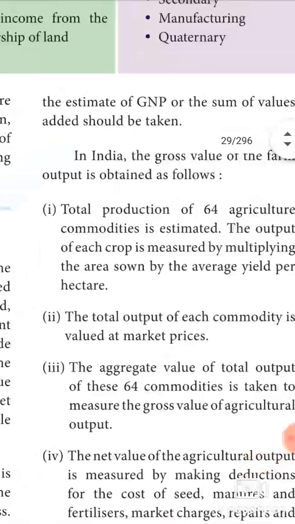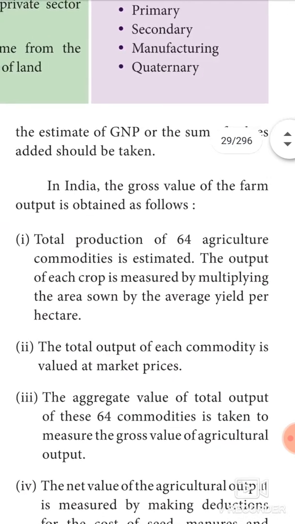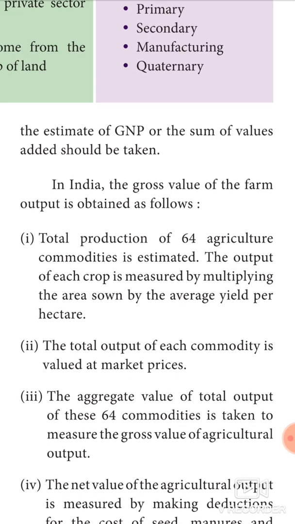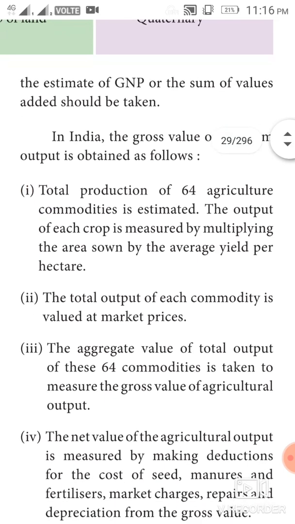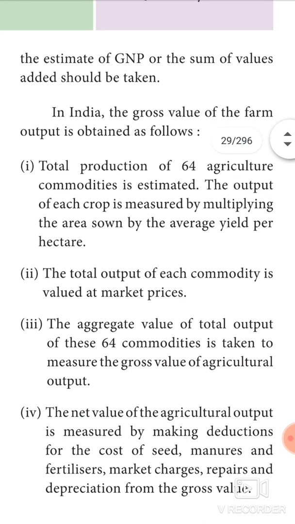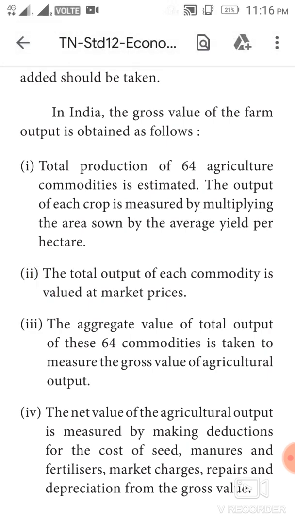In India, the gross value of the farm output is obtained as follows. Total production of 64 agriculture commodities is estimated. The output of each crop is measured by multiplying the area sown by the average yield per hectare. The total output of each commodity is valued at market prices.